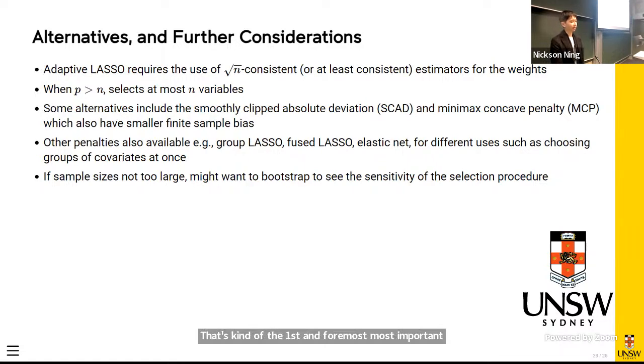There are also a few others. If you have more covariates than observations, then you're going to select at most n covariates to include in your model. That's a limitation, but it might not be too much of a problem for your data. There are some alternatives, like the smoothly clipped absolute deviation, SCAD, and the MCP variable selection techniques, which I feel are a bit more contrived than the adaptive lasso.